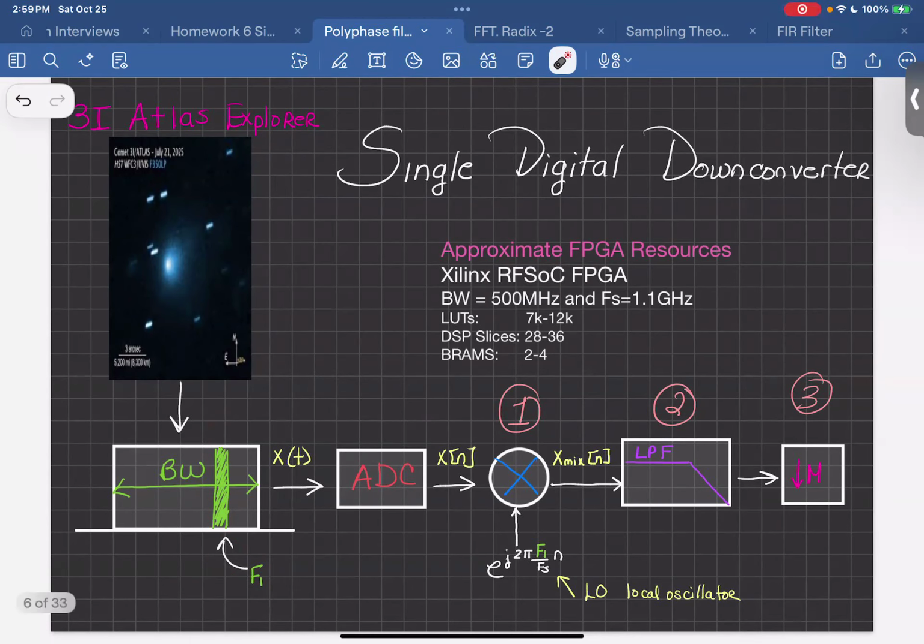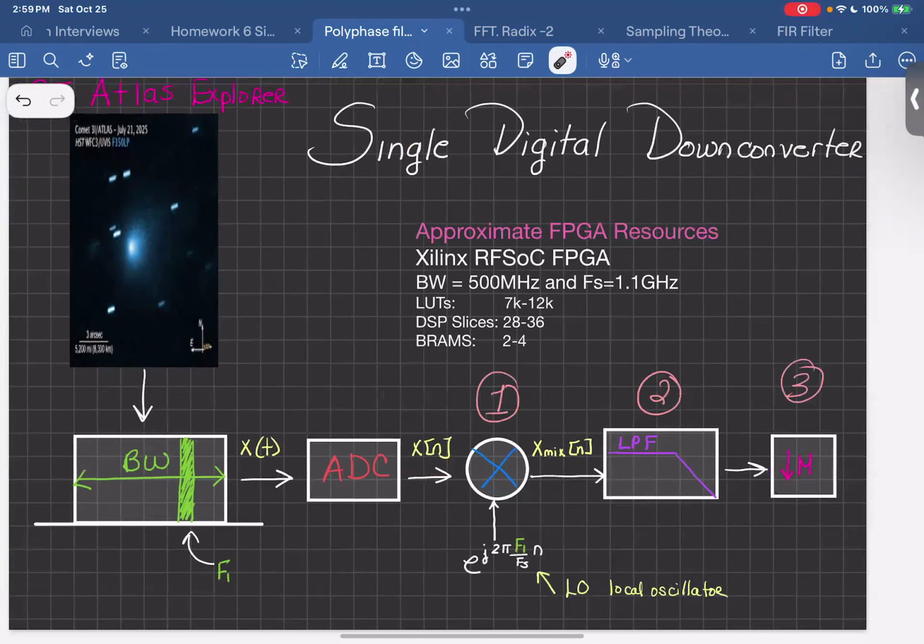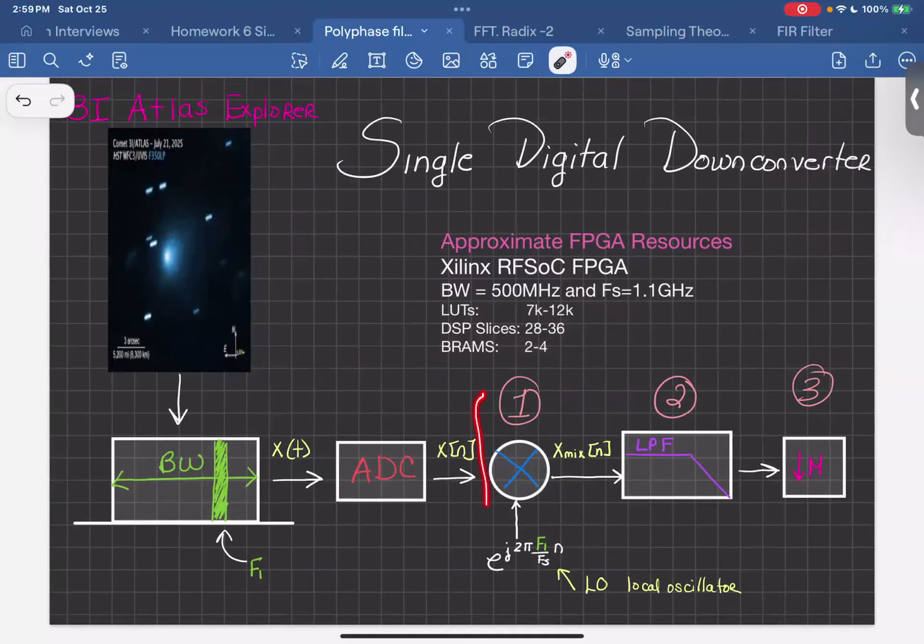Our incoming signal from 3I Atlas is in the time domain. We go into our ADC, which takes it into the discrete domain, where we can now implement our mixer, our filter, and our downsampling, items 1, 2, 3, on an FPGA.